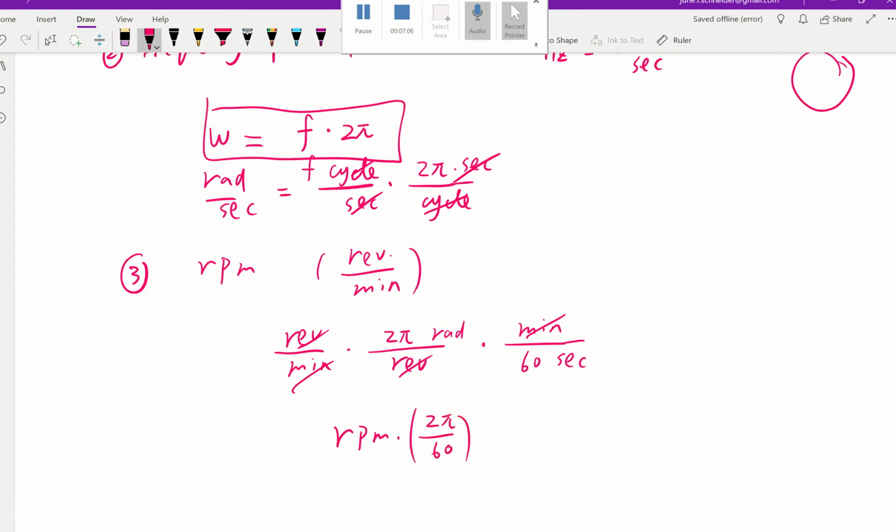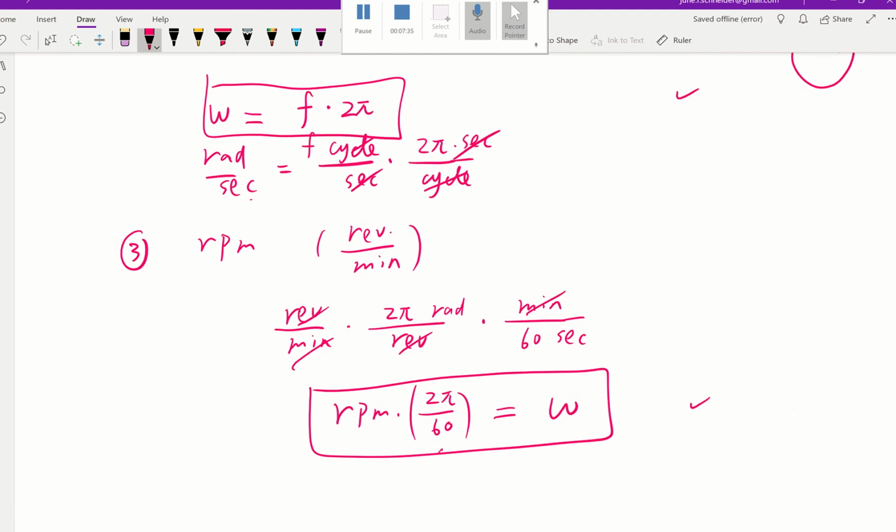That will give us omega in radians per second. The difference between this one and the newly derived one is this 60, because this is frequency per second and here it is per minute. That's the only difference.